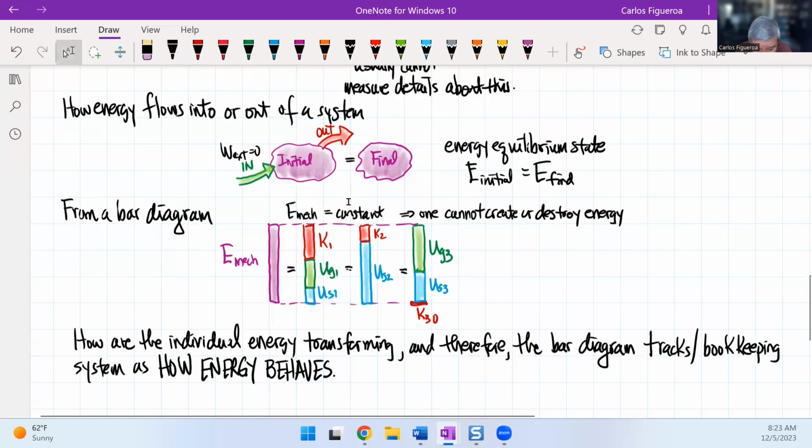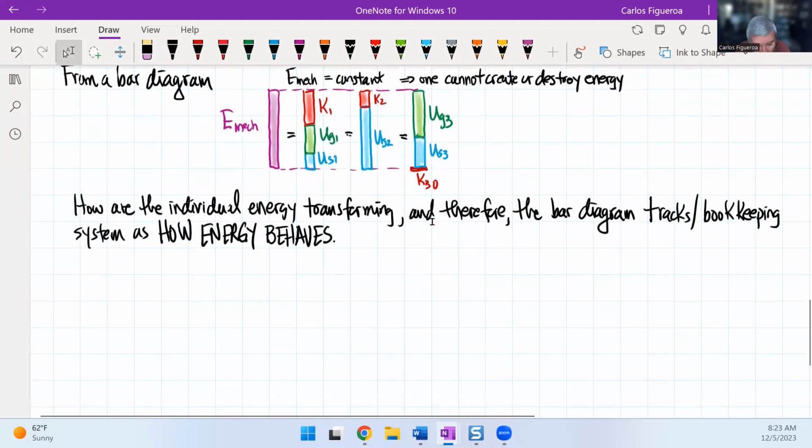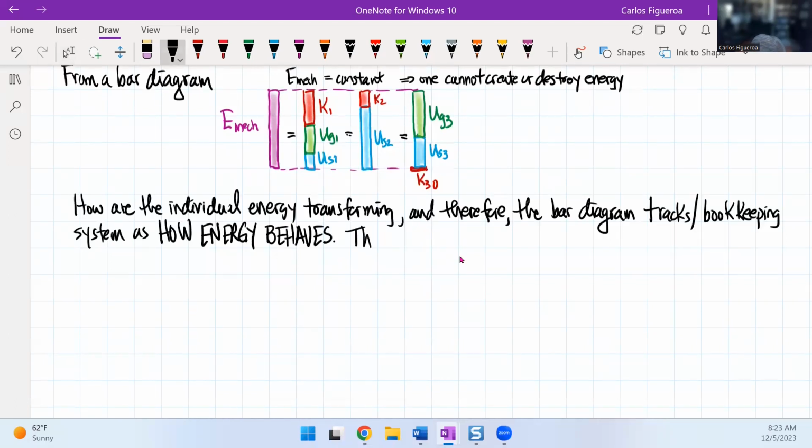And this becomes important. Why is this so important? Because now the size of the bar diagram gives us information. So the size of the bars tells us lots of physics.